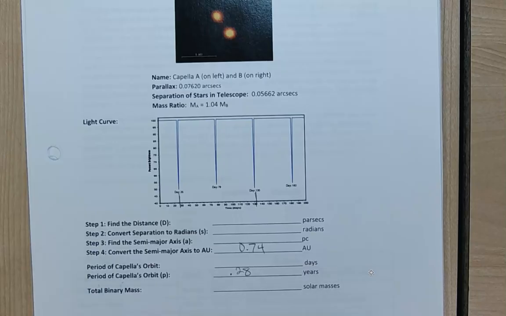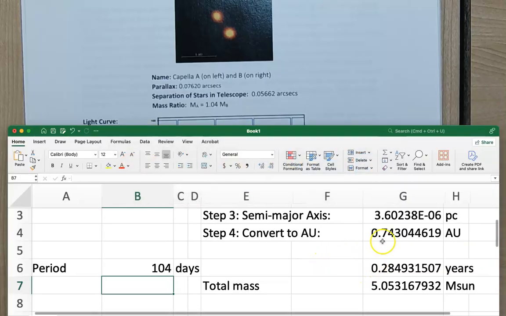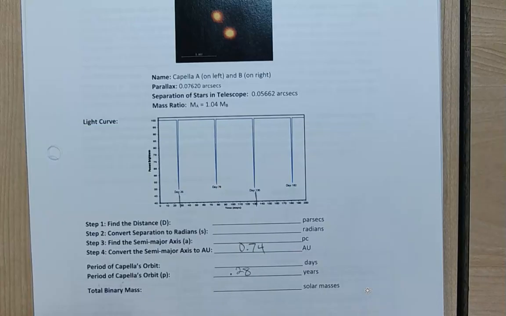And then that means that the total mass, since I've got the semi-major axis and I've got the period, must be 5.05 solar masses.